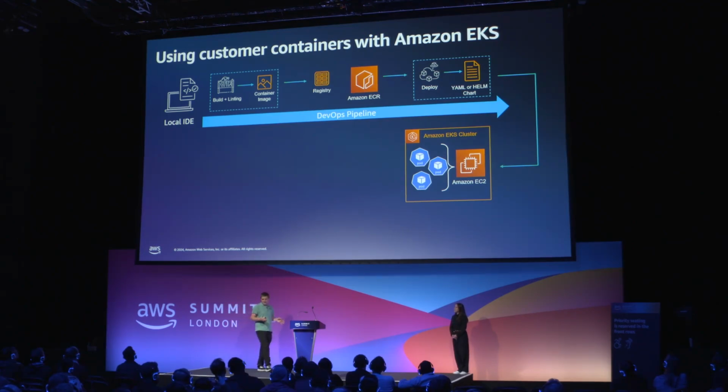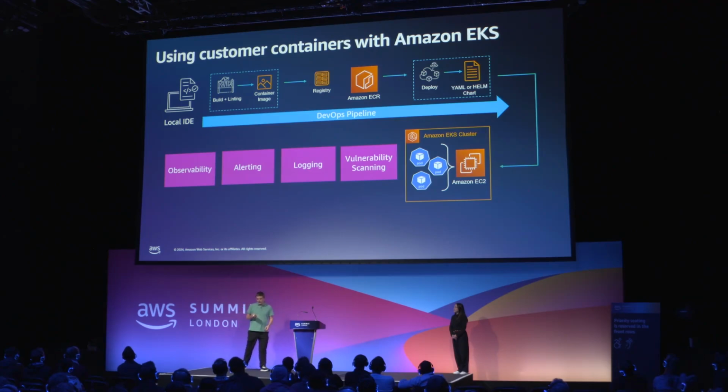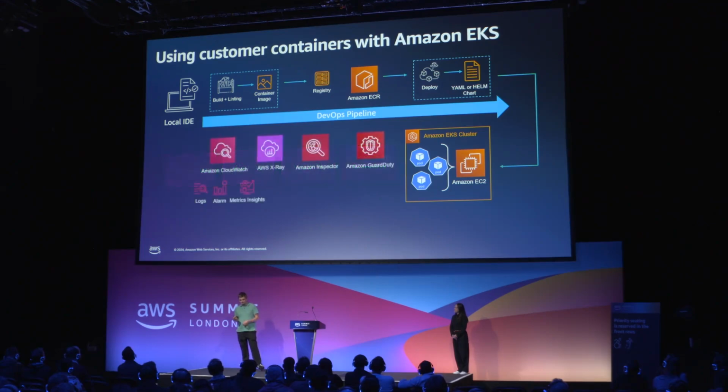Next, we want to integrate this with those core capabilities our developer wants, that Tash mentioned earlier, that we need for a well-architected container solution to have. And these are observability, alerting, logging, and of course, vulnerability scanning. So what might this look like leveraging an AWS managed service approach?